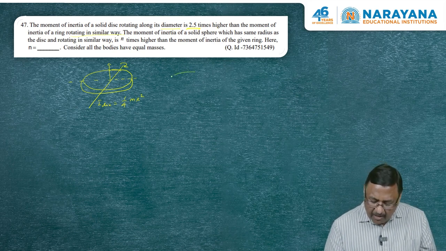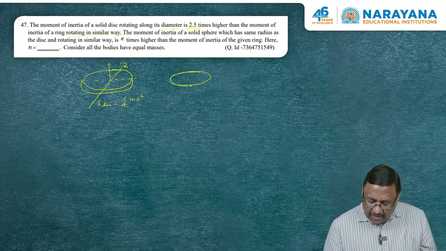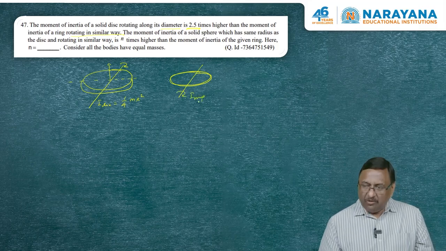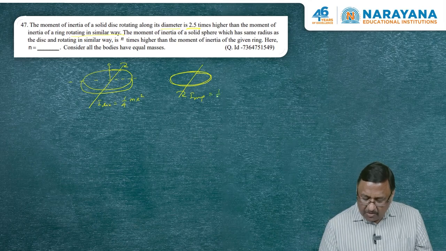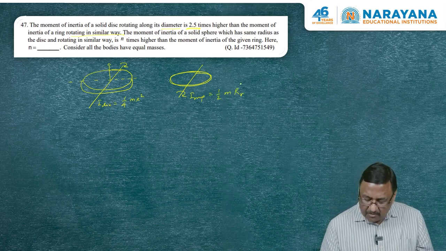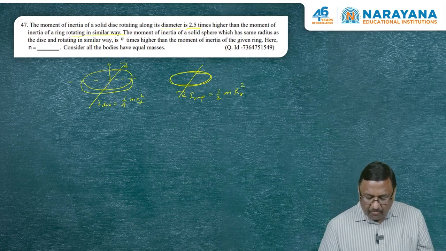If I consider this to be my ring here, rotating about its diameter, let me write it as I of the ring. The moment of inertia of the ring about the diameter is going to be half m into r square, where for the ring I write r, and for the disk r square.